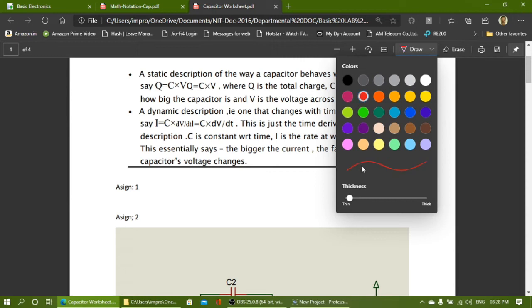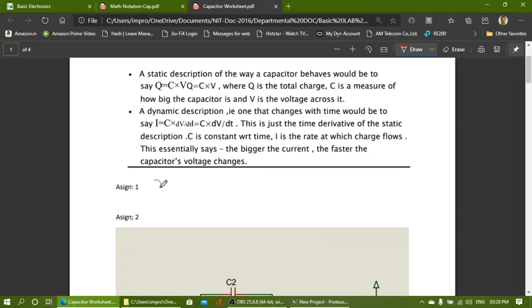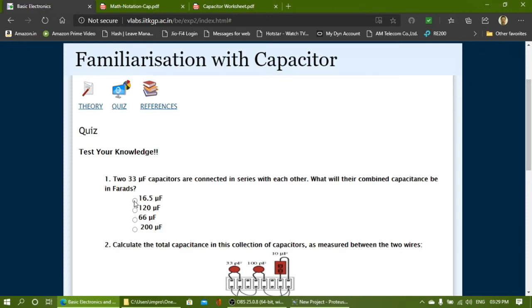Both are 33 microfarad, so you have to divide by 2, because both are identical in value. So definitely we will get 16.5 microfarad. Okay, so we should select that here.